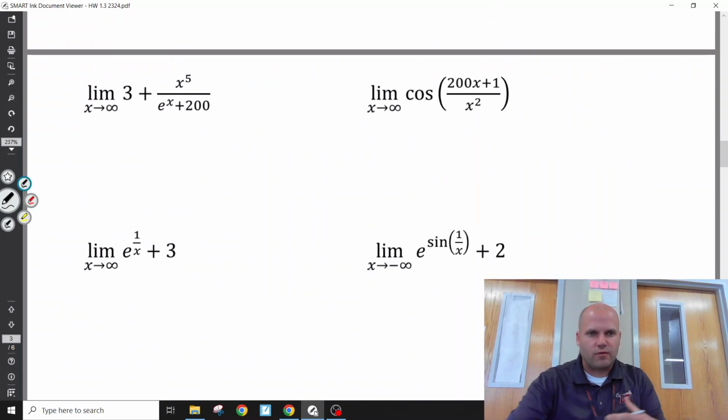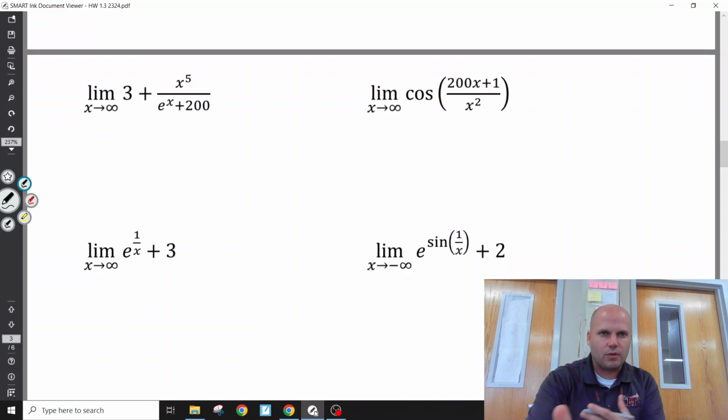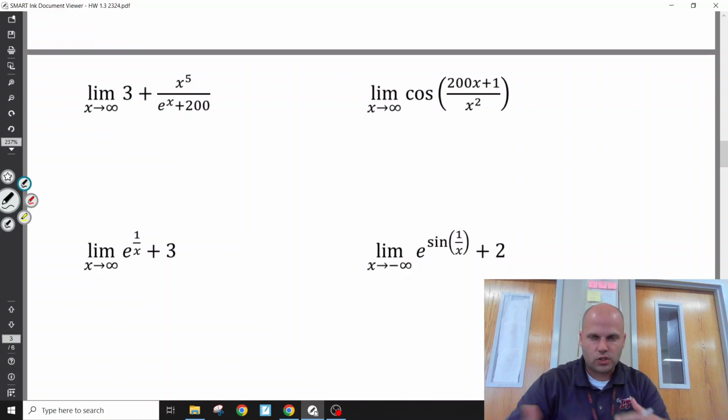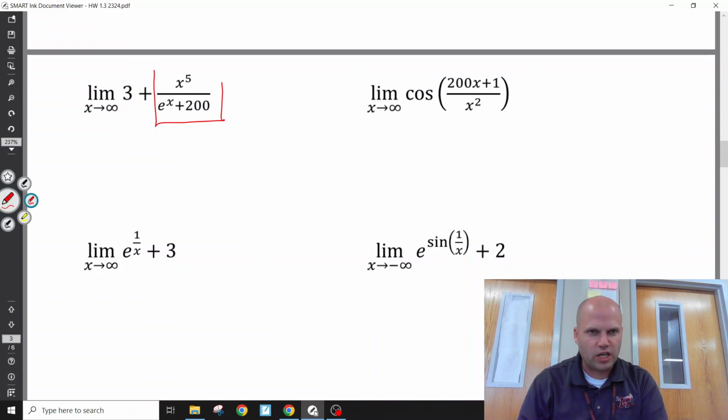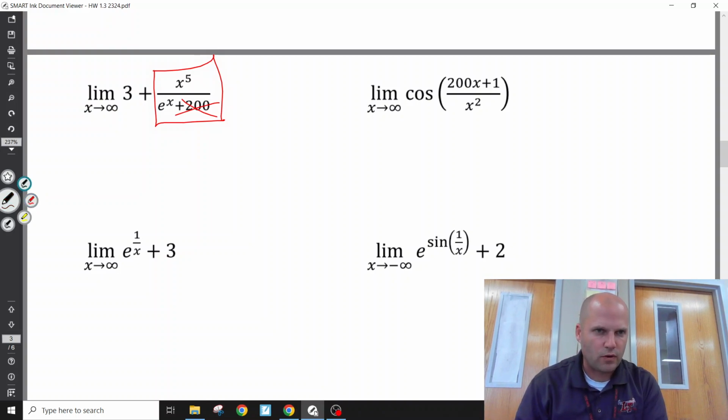Other tricky ones involving signs, maybe some other things coming up here. So challenge yourself to try these. If you were to plug in infinity, maybe you would think, oh, that 3 is insignificant, but pump the brakes, hold on a second. Let's first think about plugging in infinity there. Okay, the 200's gone. You get a slow over faster.